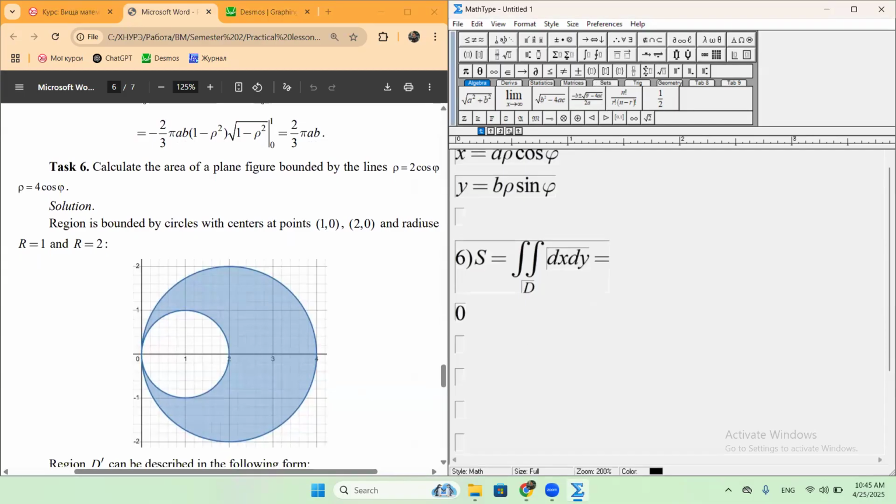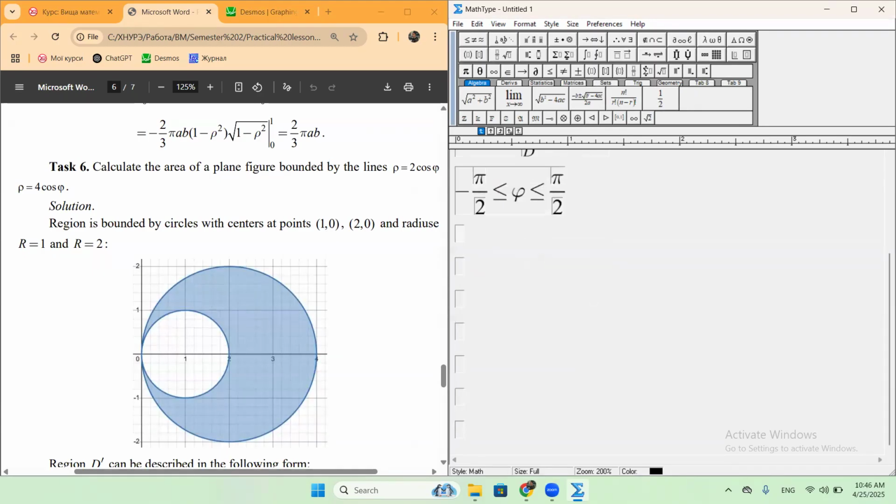That phi changes from minus pi over 2 to pi over 2. And what about rho? Rho changes from 2 cosine of phi to 4 cosine of phi.